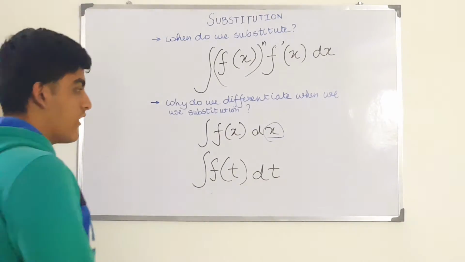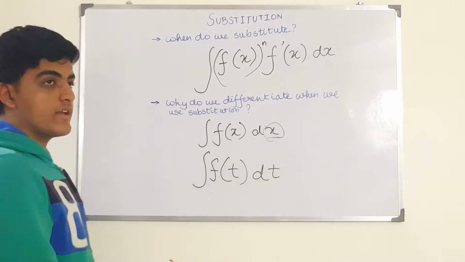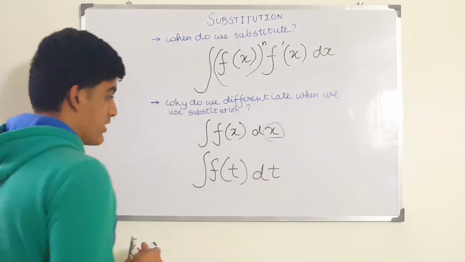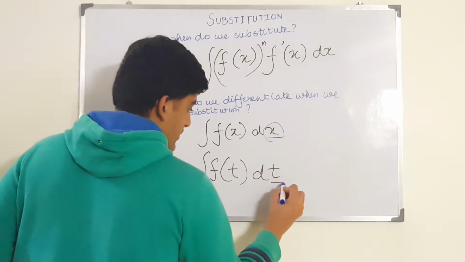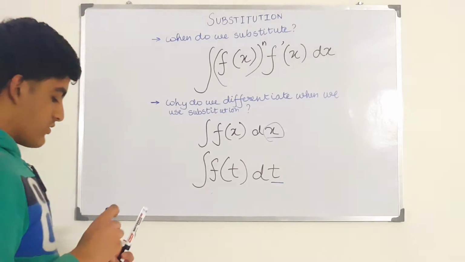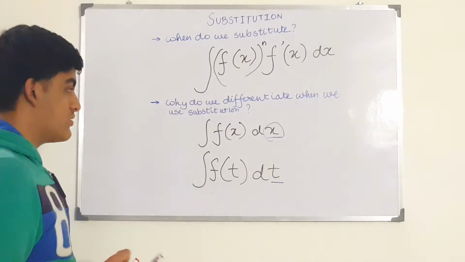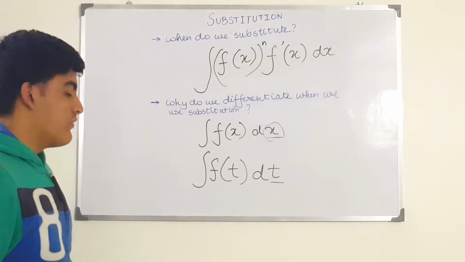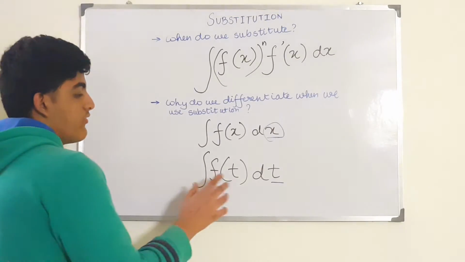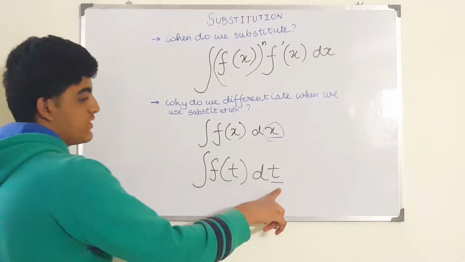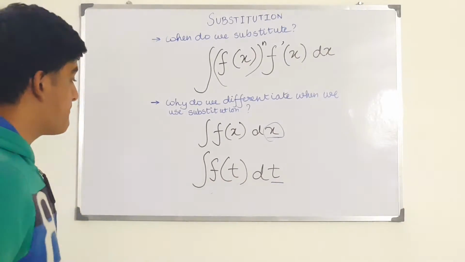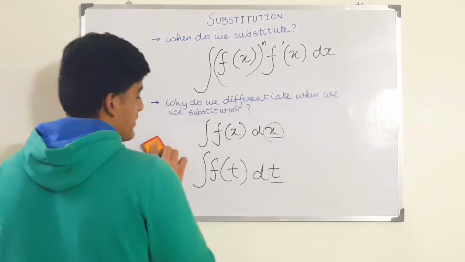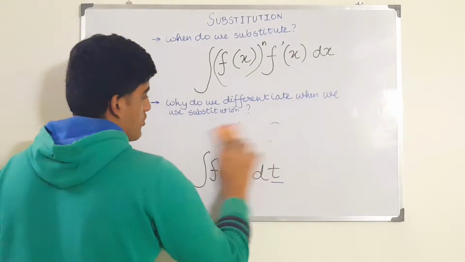But we cannot have another variable inside the integral except for the one which the integral asks for. We cannot have any other variable except for the one mentioned right here. Let me take an example to make it more clear.